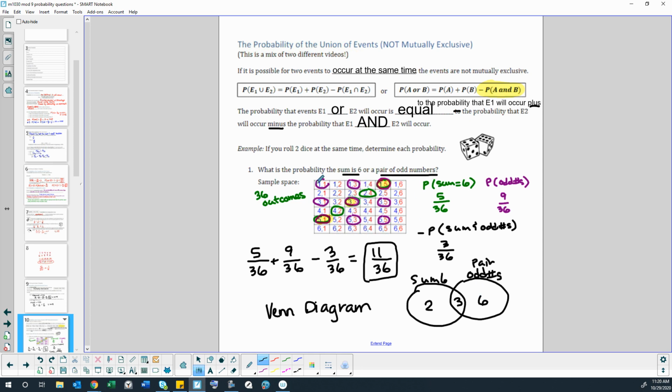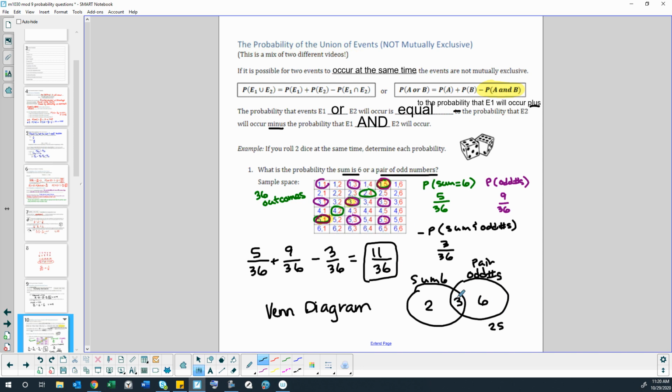Now how many numbers in our sample space did we not circle because they didn't fit in either of these categories? Well, that would have been whatever 36 minus 11 is, so 25. So out here, outside of our circles, we have 25 numbers that don't fit into either circle. So together, 2 plus 3 plus 6 plus 25 add up to our total sample space of 36.